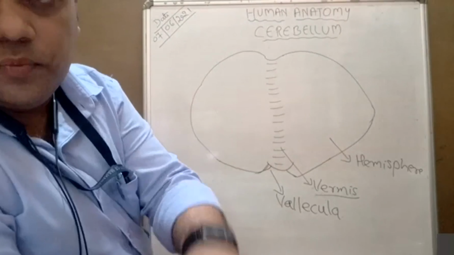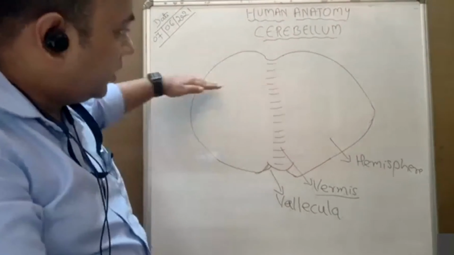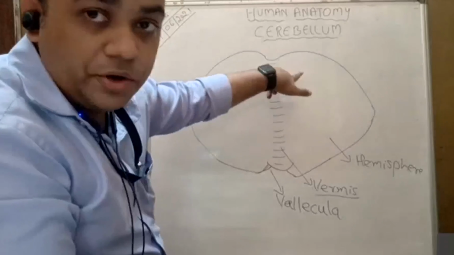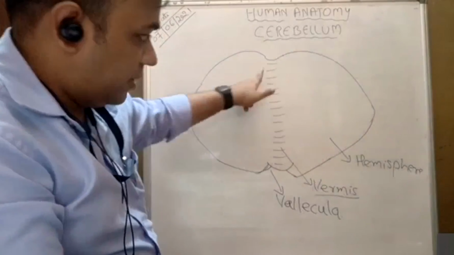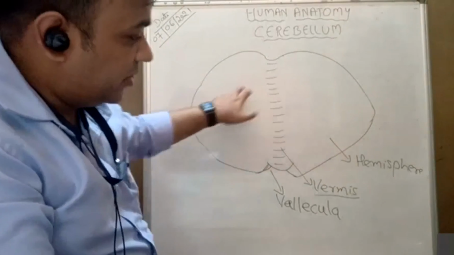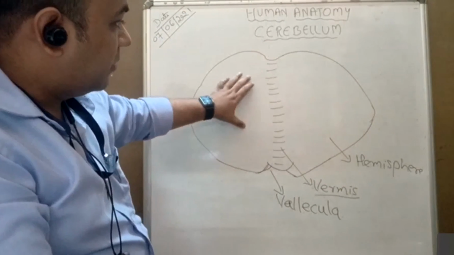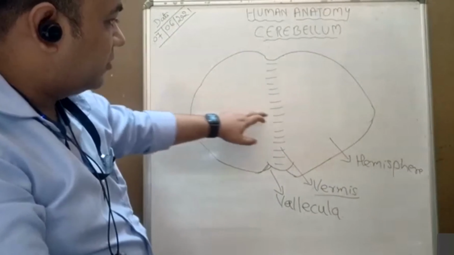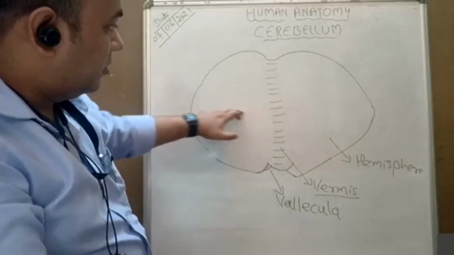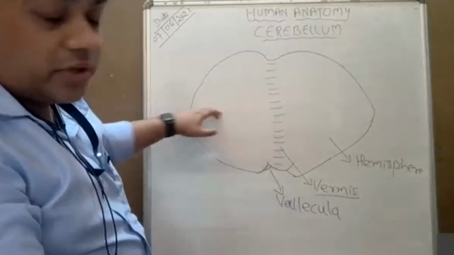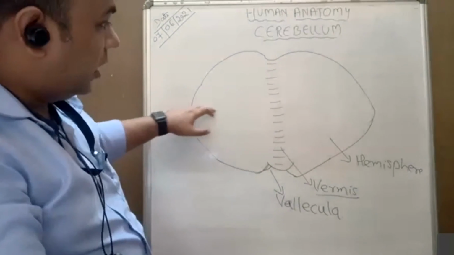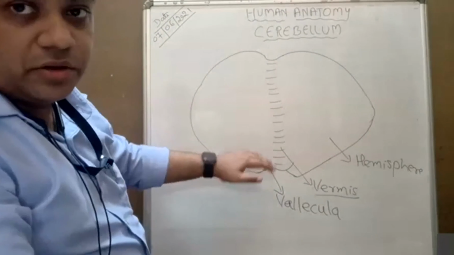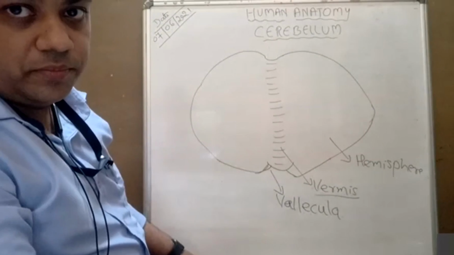There are various transverse fissures running transversely along the vermis and continuing on either side on the cerebellar hemisphere. The main three fissures are: the primary fissure on the upper surface; then between the upper and the lower surface, dividing it, the transverse fissure; and most inferiorly, the posterolateral fissure.